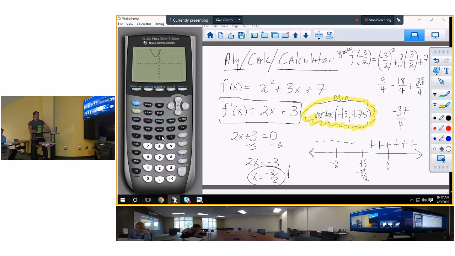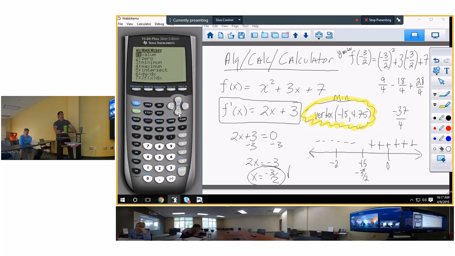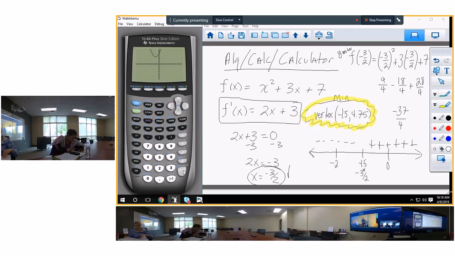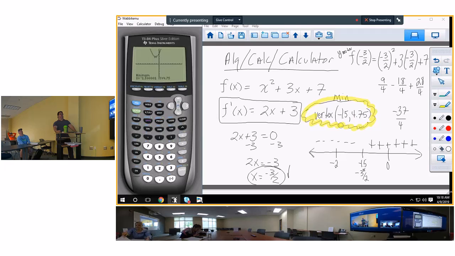We hit second, trace, min. And I'm going to give it a left-hand side. That just helps it calculate. You don't have to do this, but it narrows down the search. And then gives us, there we go. Negative 1.5, comma 4.75. Look there. Isn't it a miracle?